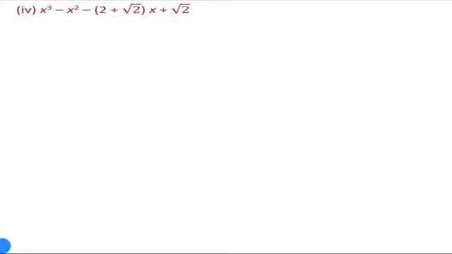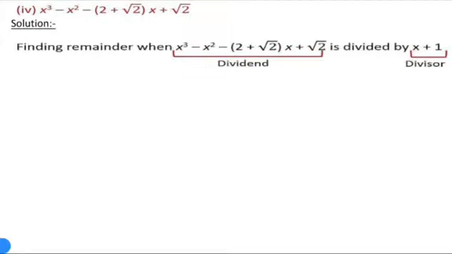Repeat the steps, write down the solution and find the remainder when the dividend is divided by the divisor. Here the dividend is x to the power of 3 minus x to the power of 2 minus of 2 plus root 2 into x plus root 2. And here the divisor is x plus 1.